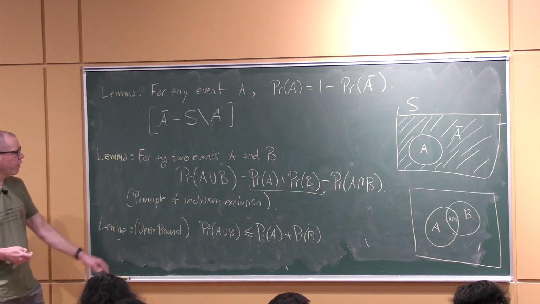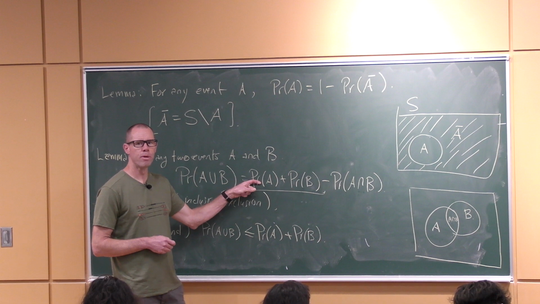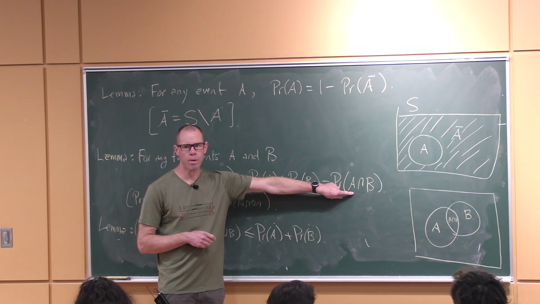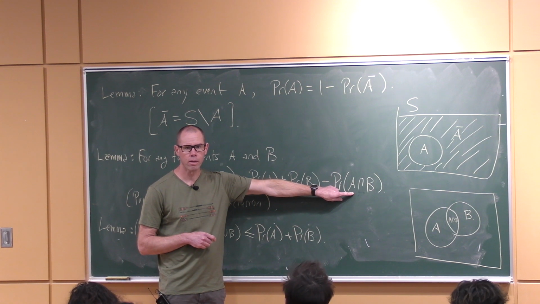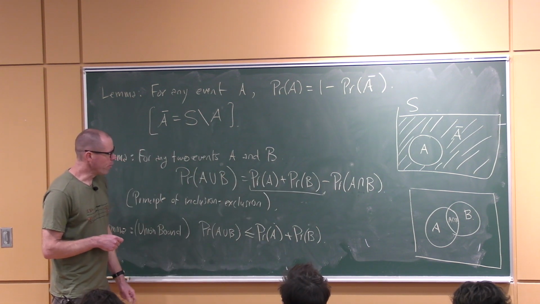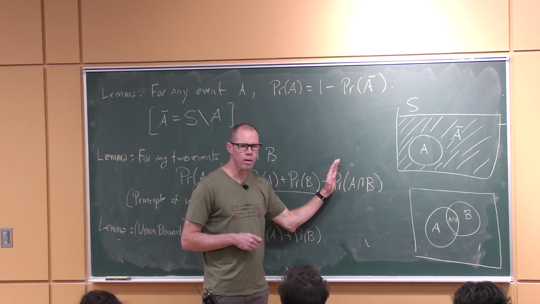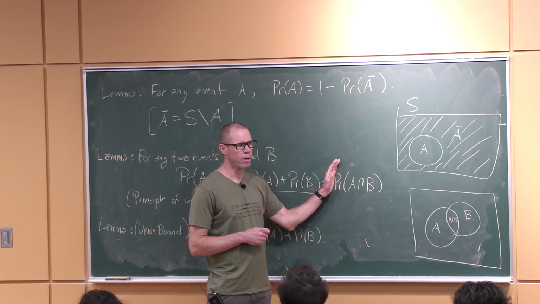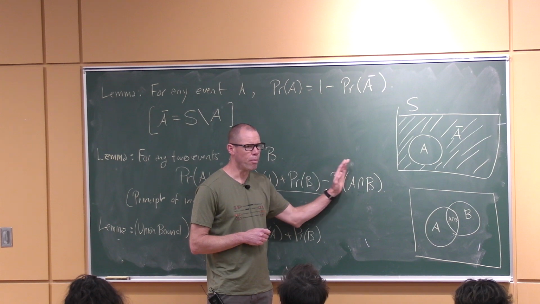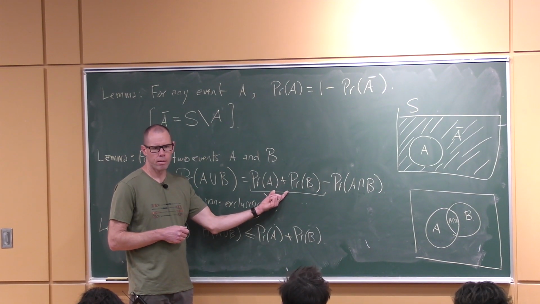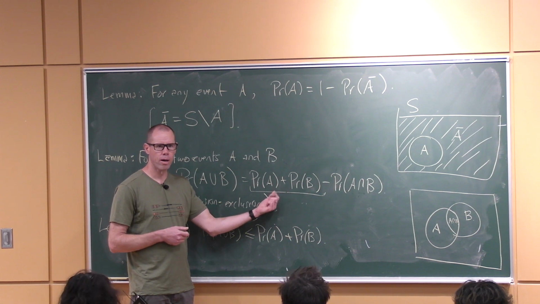Well, the probability of A union B is exactly the probability of A plus the probability of B minus the probability of the intersection. So if we don't bother to take away the stuff in the intersection, remember it has to be bigger than or equal to 0, it's not negative, then we're left with something that's at least as big, right?